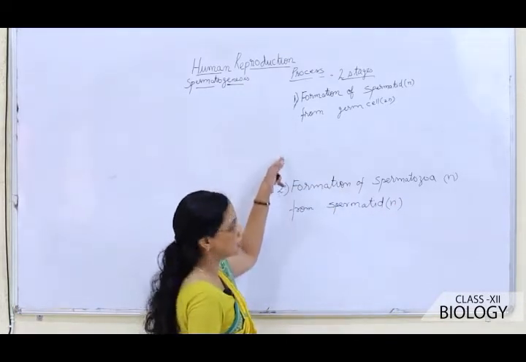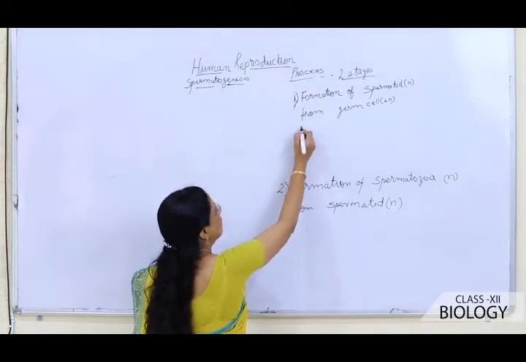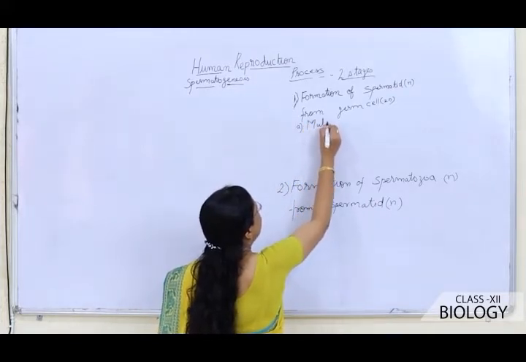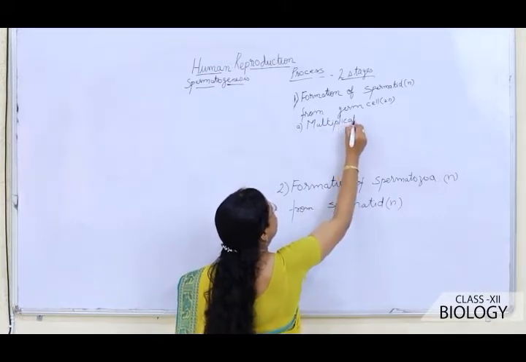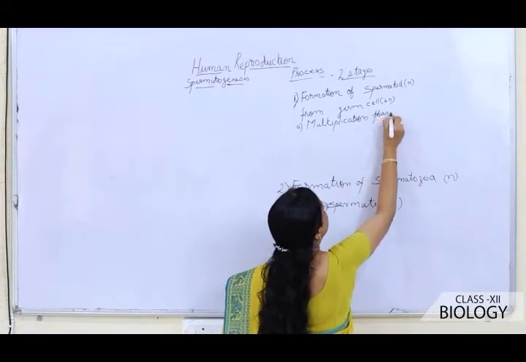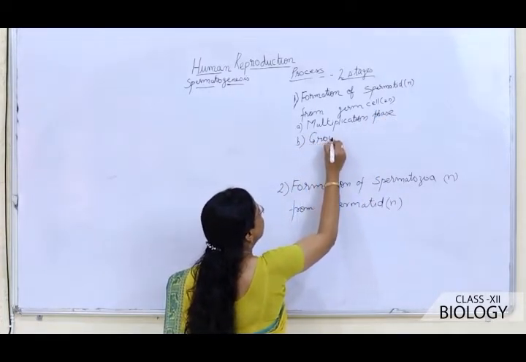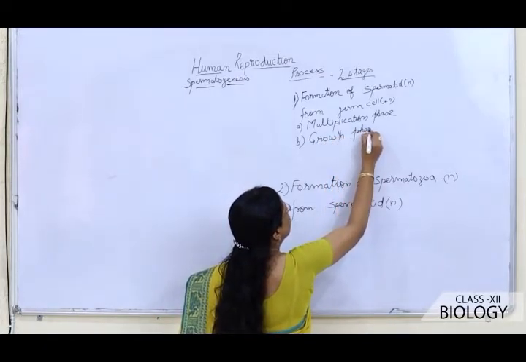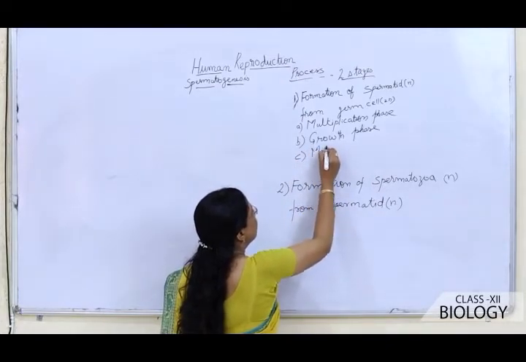The first stage is again divided into three phases. Number one: A, multiplication phase, B, growth phase, and C, maturation phase.